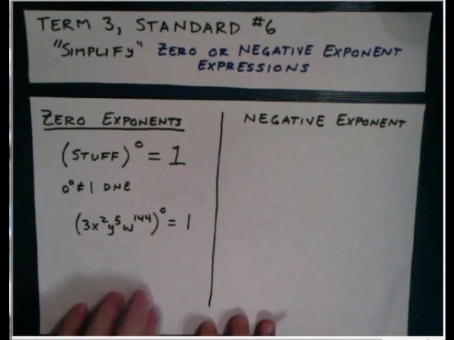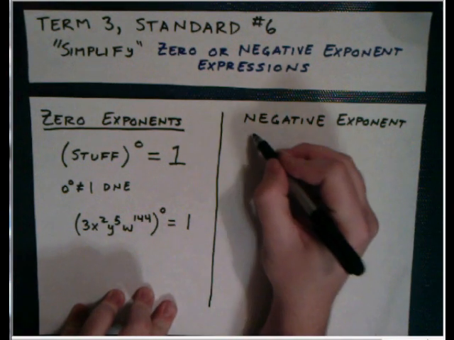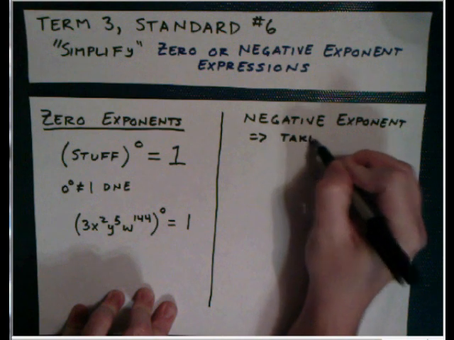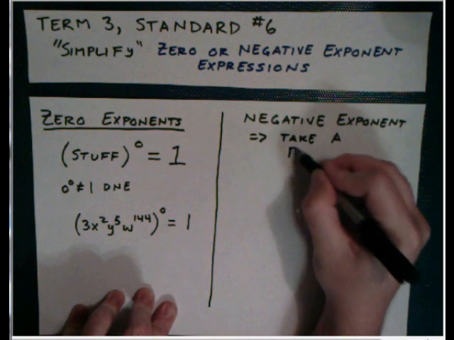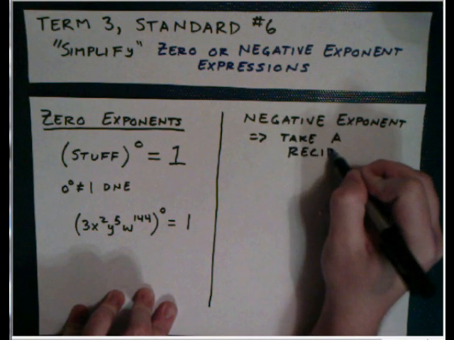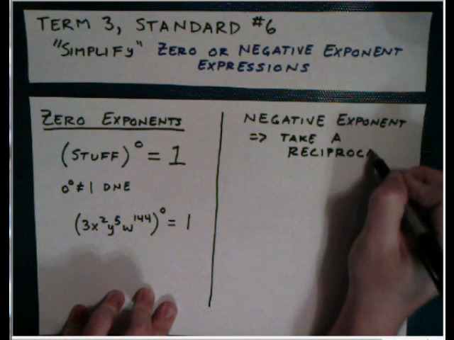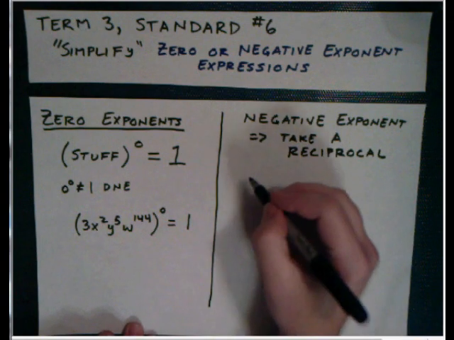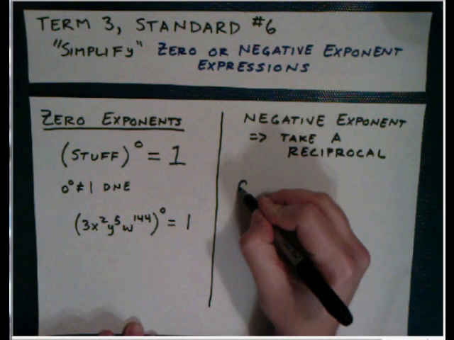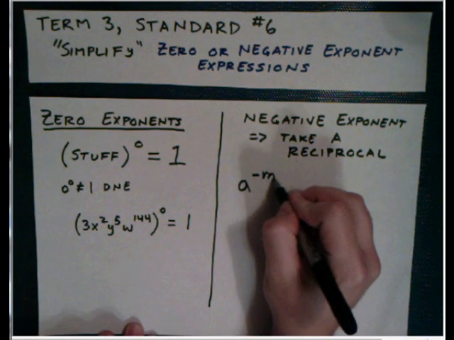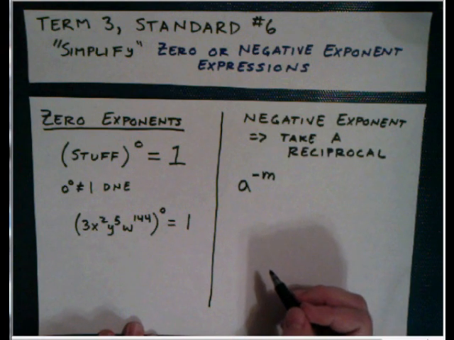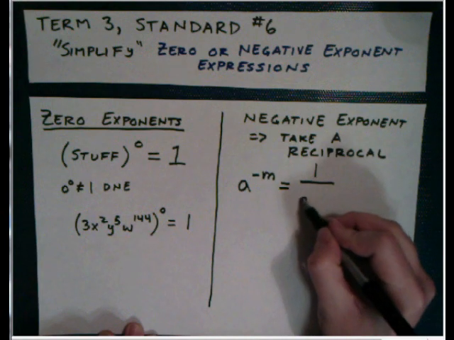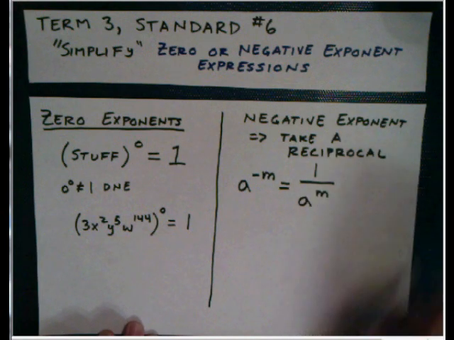Negative exponents are a little bit tougher. Negative exponents basically tell you to take a reciprocal. And again, we talked about why this works, and we gave you some ways to remember it. But basically, a to the negative m power is going to be the same thing as 1 over a to the positive m power.